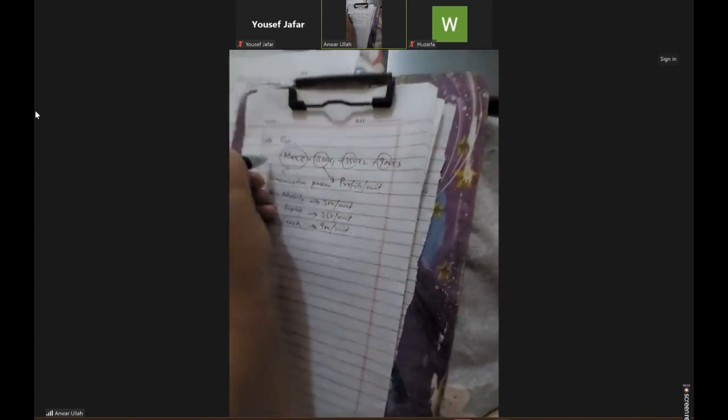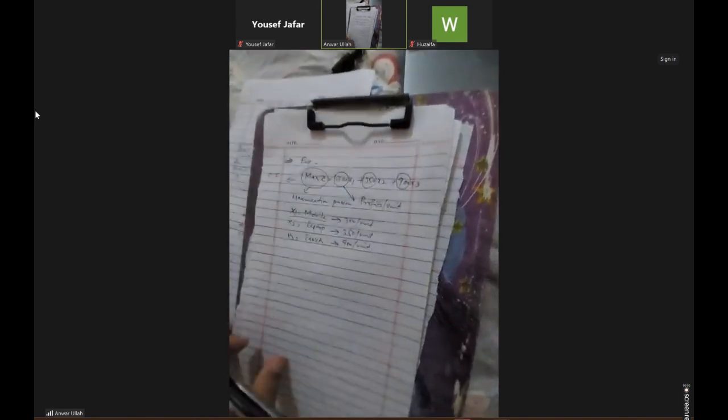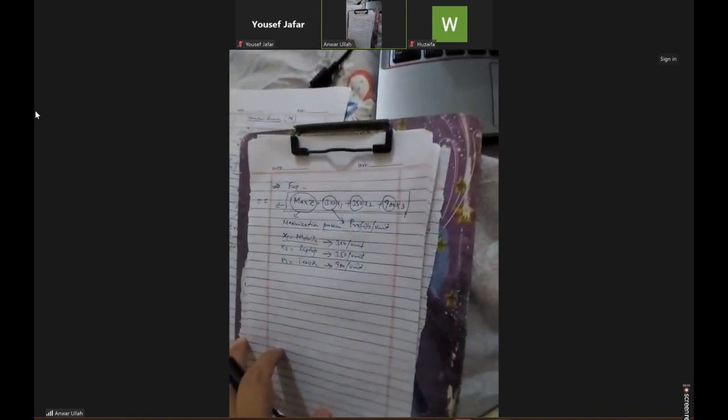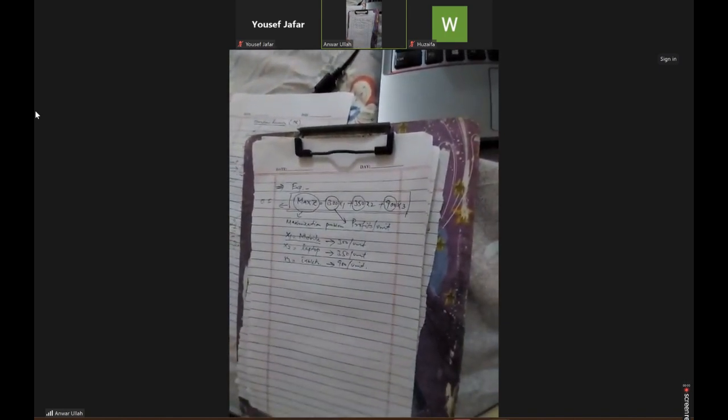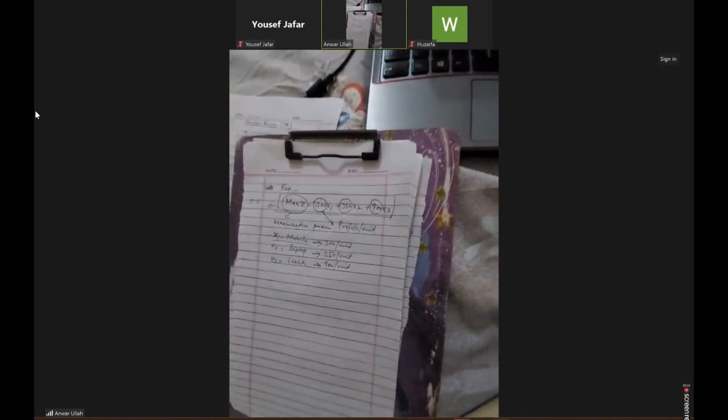Okay, so this is the objective function: maximize z is equal to 300 x1 plus 350 x2 plus 900 into x3. This thing is called the objective function.